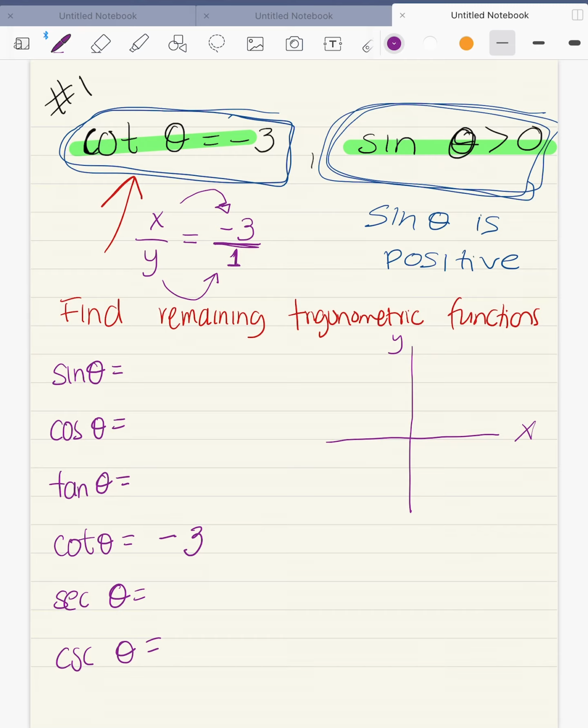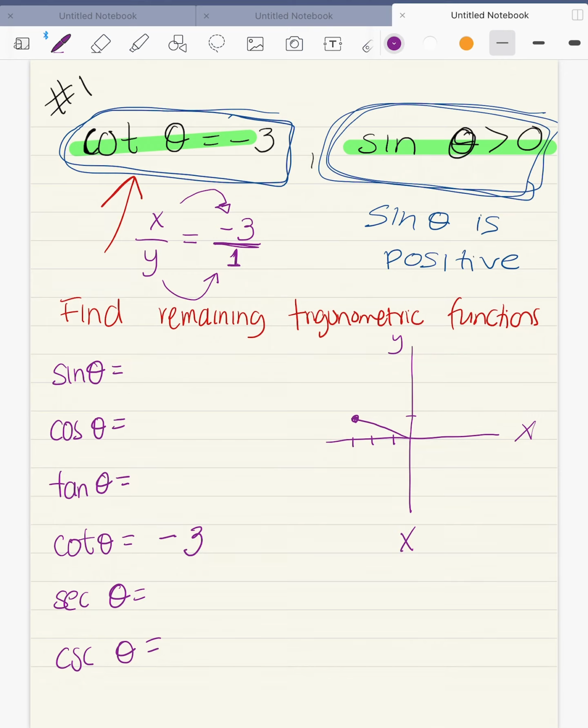So I'm gonna go to my xy plane, and since x is -3, that's -3, and then the y is 1, so right there. So I can get 1 point there. Like that.